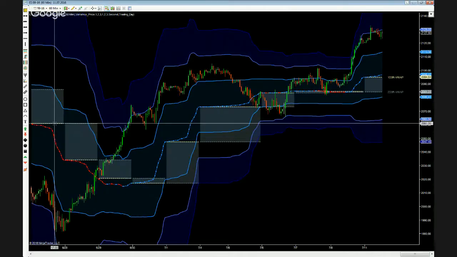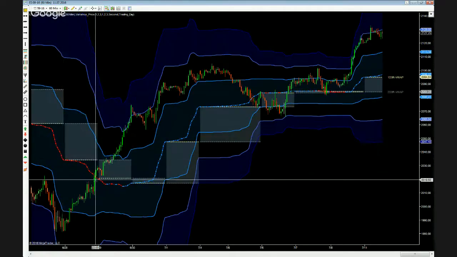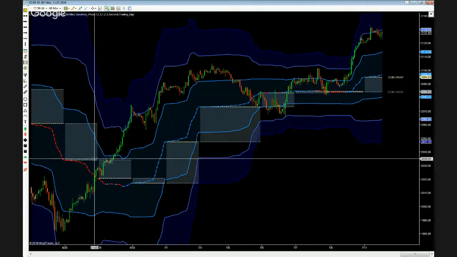So you see here we're in a downtrend because the rolling VWAP of 1 day ago is below that of 2 days ago. So we have these steps here, and then coming in here we see a slowing of the momentum.